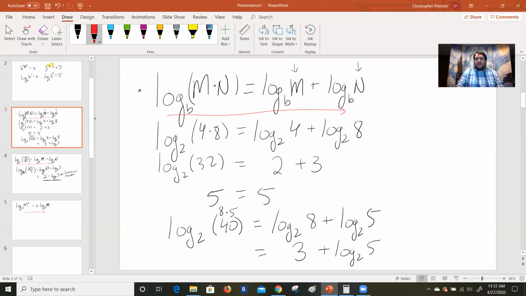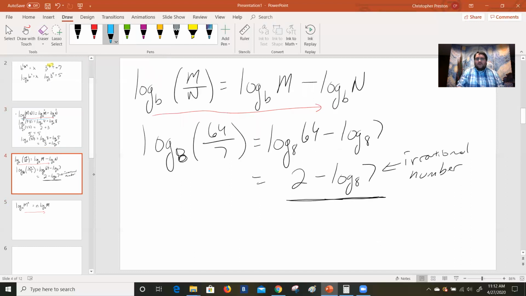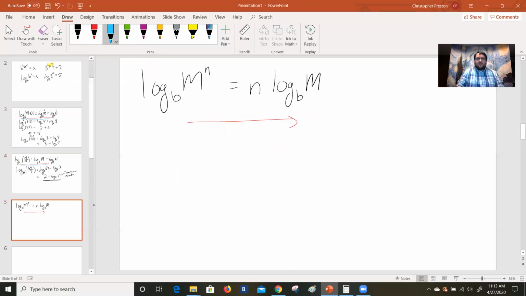But in reality, these also go the other way as well. And sometimes you'll want to take things that are split apart and put them together. We call that condensing the expression, or writing it in terms of a single logarithmic expression. So, I want to go back the other way. So this third property here would be like x squared.